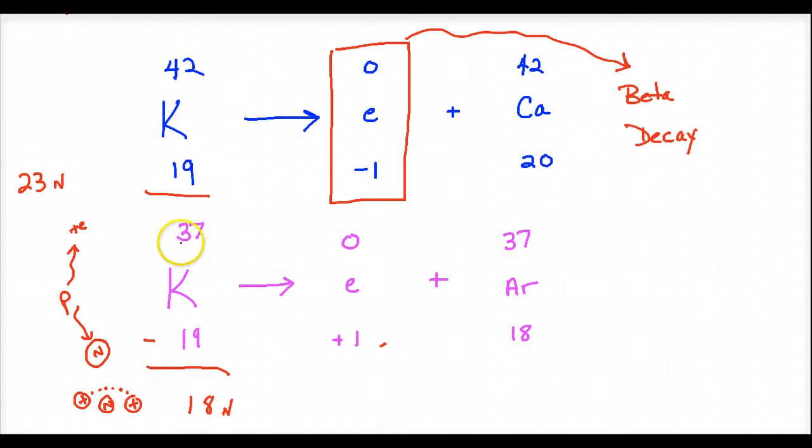So notice 37 minus 19 is 18 neutrons here. If I do my math correctly, and I've been known to mess up very simple math, this is 19 neutrons. And you may say, wow, it kind of gained a neutron. Well, it's 37 minus 18. It's a better ratio.